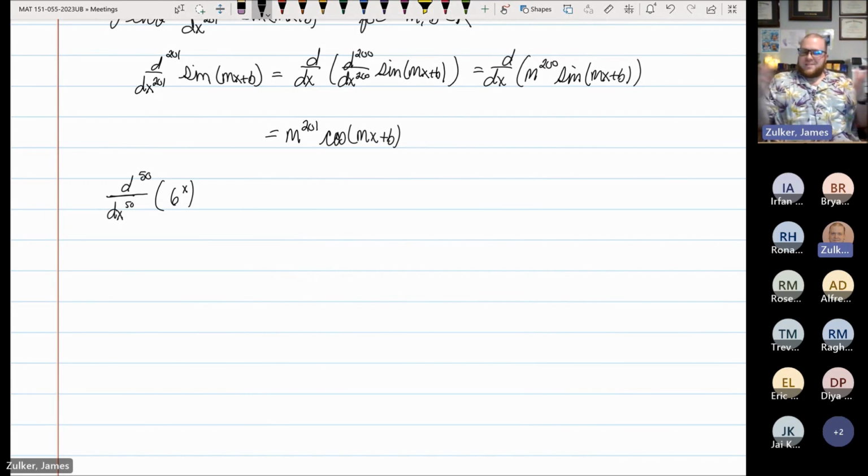So for instance, the 50th derivative of 6 to the x would just be 6 to the x times log of 6 raised to the 50th power. Remember, every time you take the derivative of 6 to the x, the 6 to the x stays. All that happens is with each derivative, you add another natural log of 6.